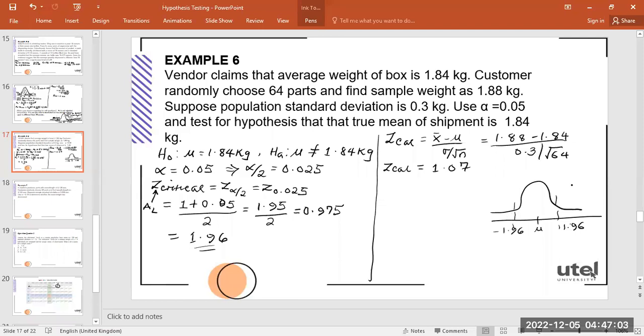And then we've been able to find that our Z calculated is 1.07, and these are the rejection regions.